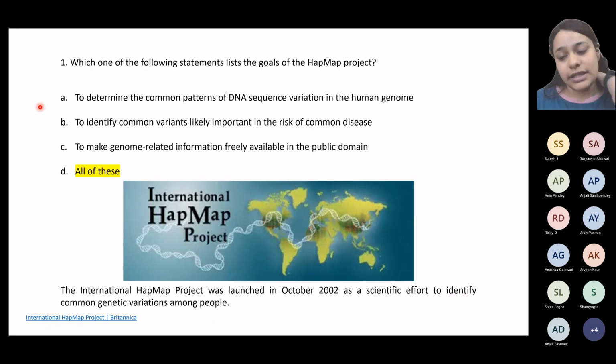Why would anybody need to identify common genetic variants? It was basically because some of these genetic variants which normally exist in a population could be risk factors for certain diseases, right? So when we talk about these common diseases, they are not really monogenic diseases.